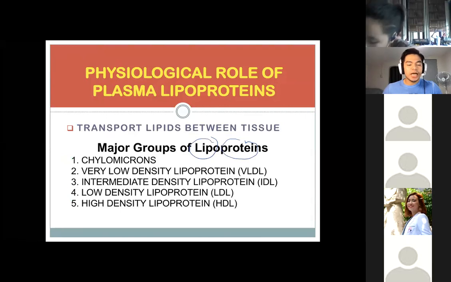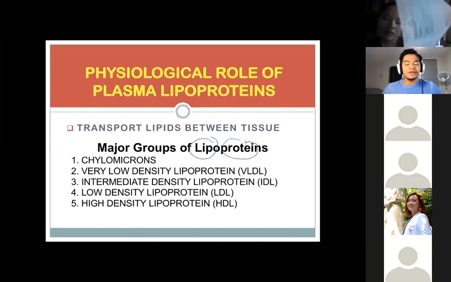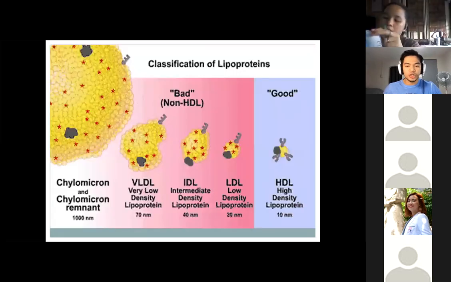These are chylomicrons. Second, we have VLDL or very low density lipoproteins. Then IDL, low density lipoprotein, and finally HDL or high density lipoprotein. So let's discuss briefly the characteristics of each group kasi may relevance din ito sa drug actions and effects later.